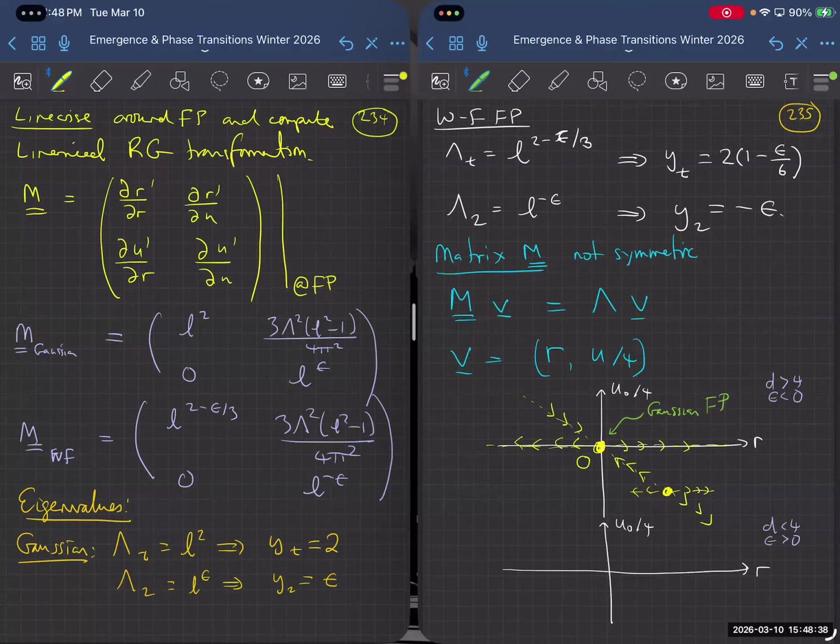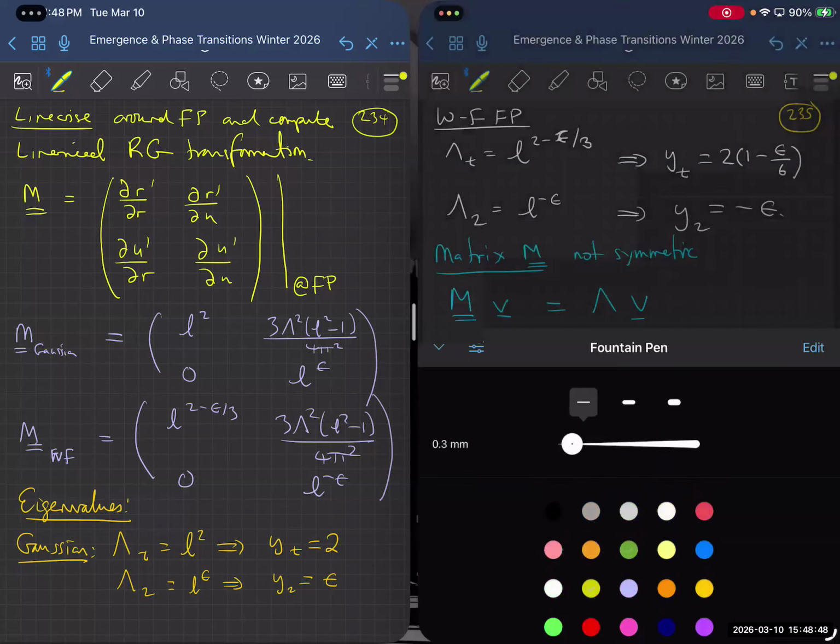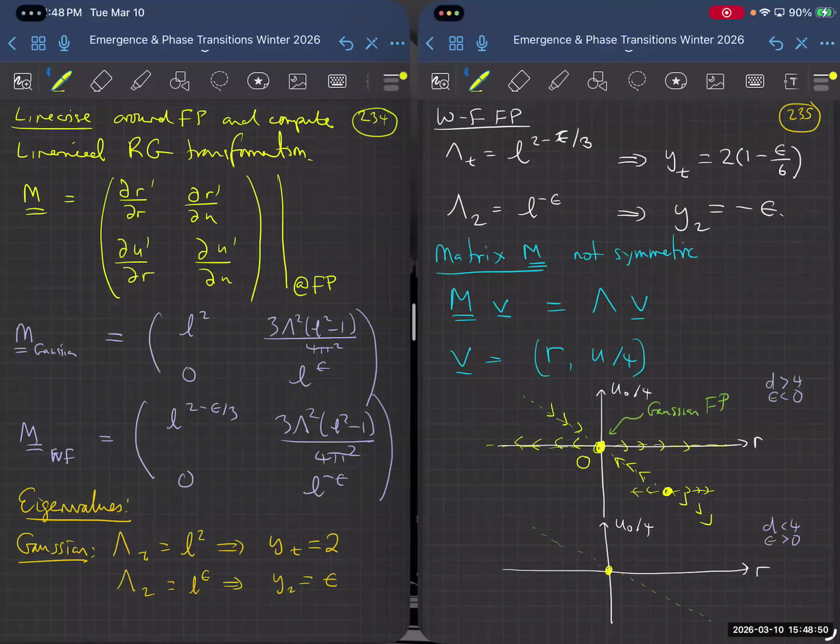On the other hand, when you have d less than 4, you have your Gaussian fixed point still at the origin as usual, but now you have the Wilson-Fisher fixed point up here, and the flow direction looks like this.